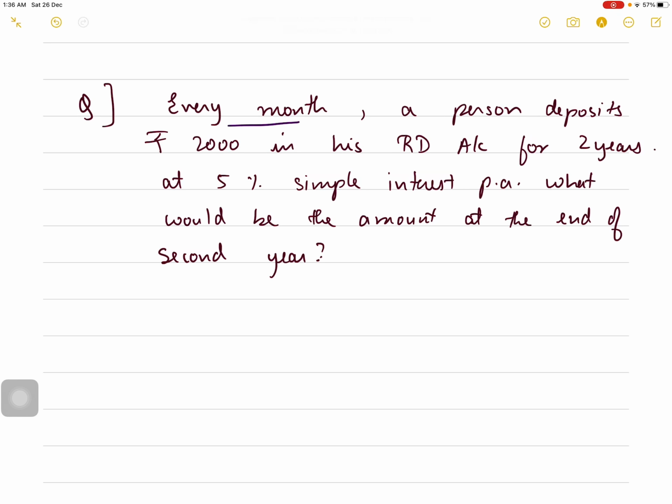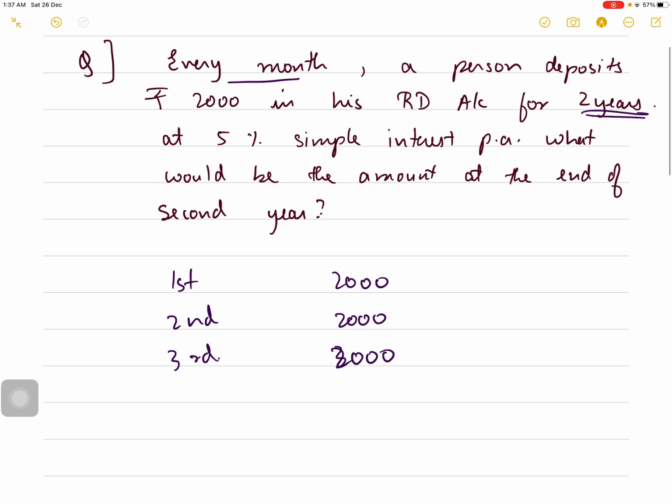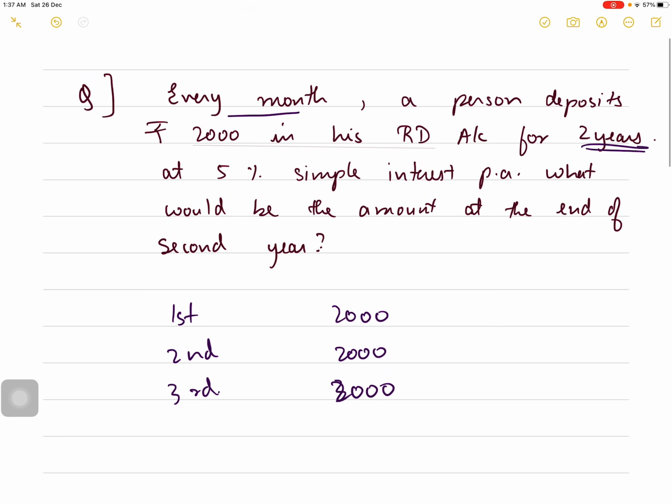Every month a person deposits 2000. That means, and this happens for 2 years, that means the first month you deposit 2000, the second month again you deposit 2000, the third month you deposit 2000, and this happens for 24 months because it is 2 years, right? So the first 2000 is there in the RD account for 24 months.